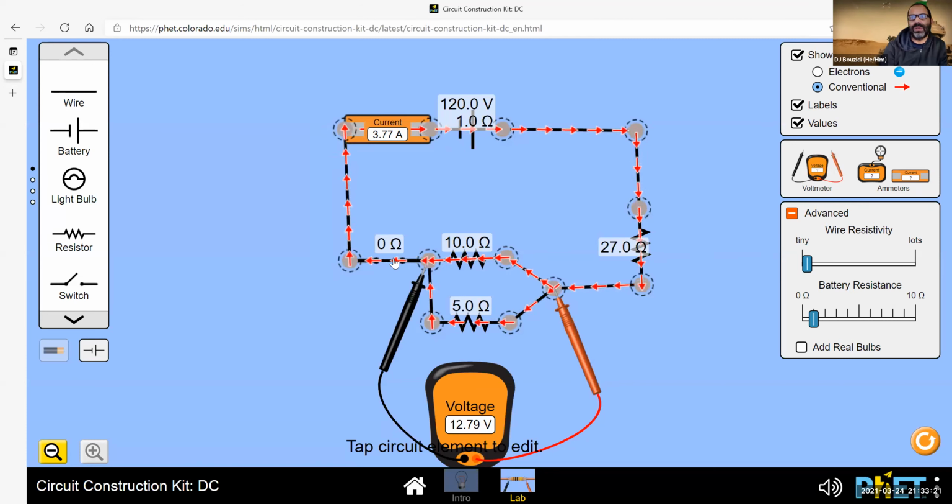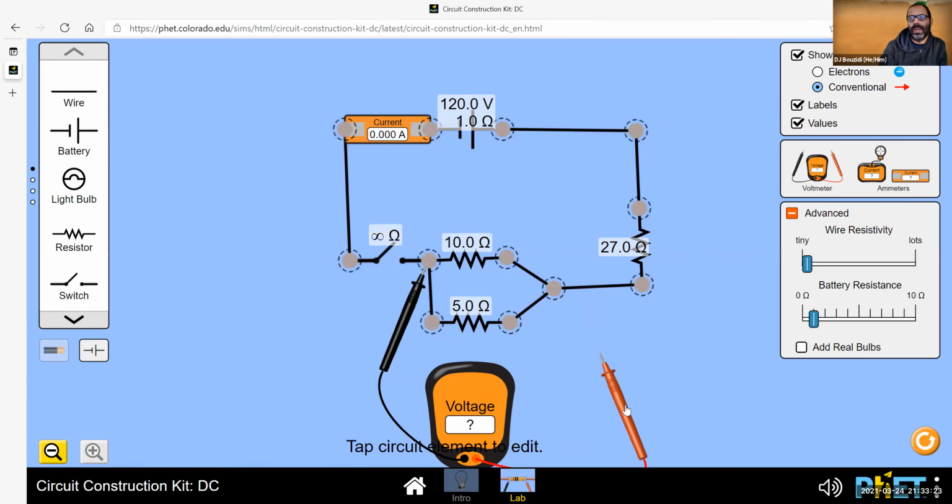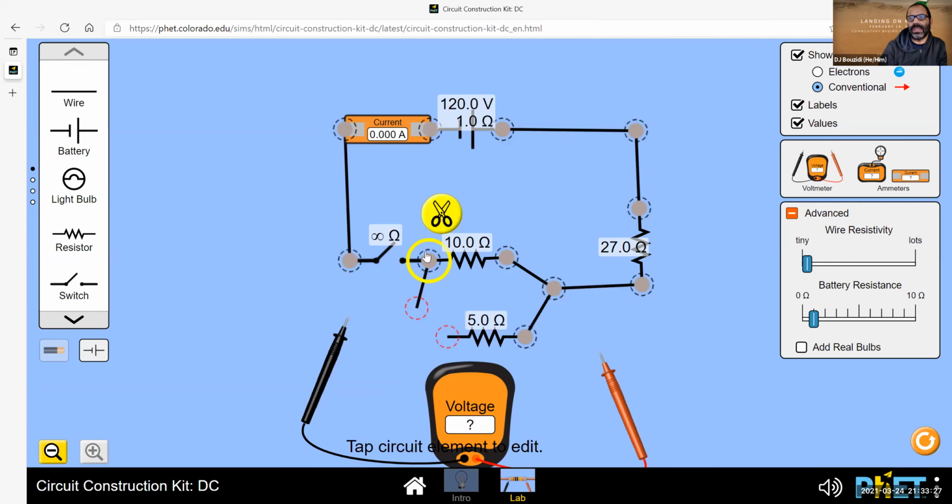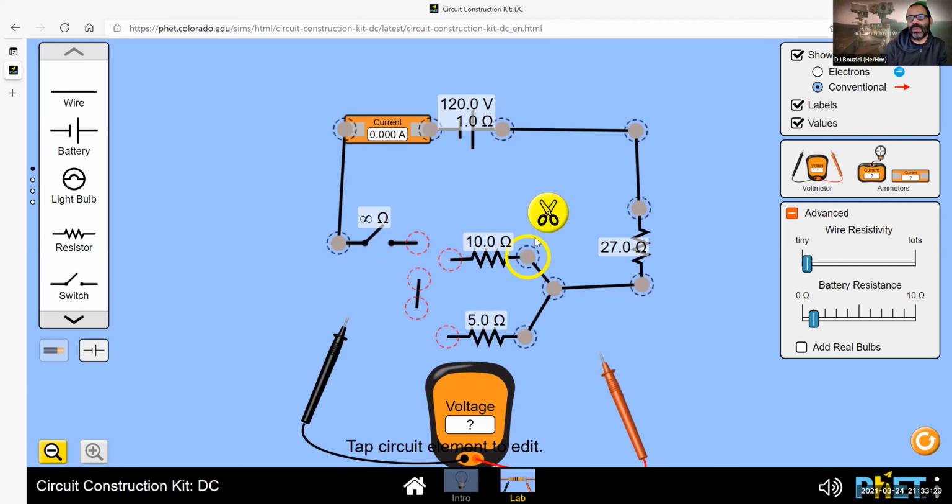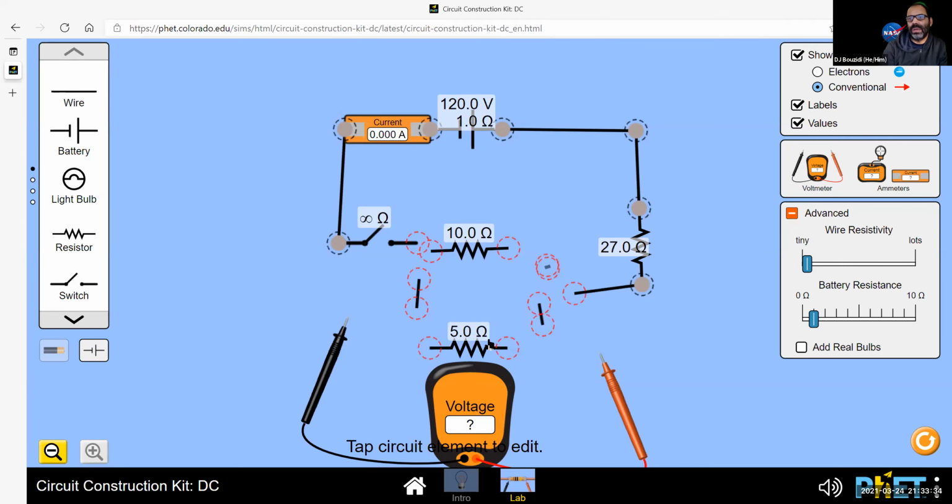So let me open the circuit one more time. Move this out of the way. Cut this connection, cut this connection, cut this one, and this one. So let me click on this, and can I delete this? And remove this. Oops.